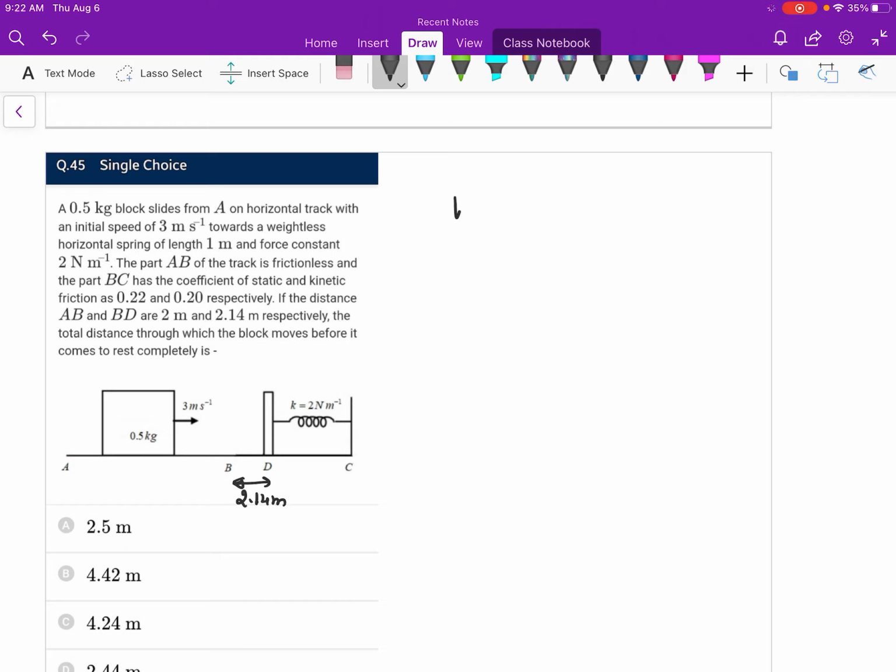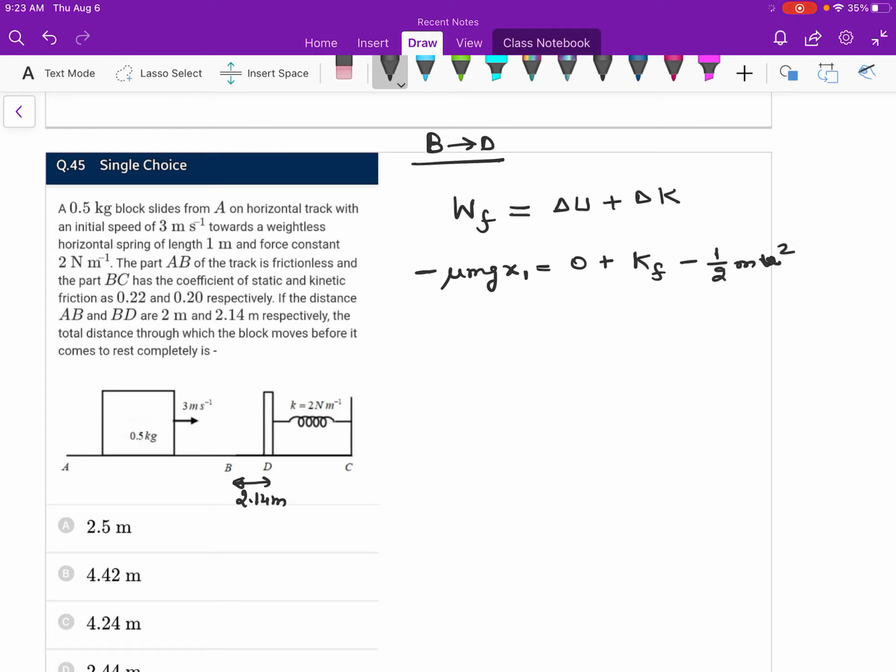This is 2.14 meter. So W friction for B to D, W friction is delta U plus delta K. Okay, so minus mu mg x1 is delta U 0 plus delta K, which is K final minus K initial, which is half m v square.